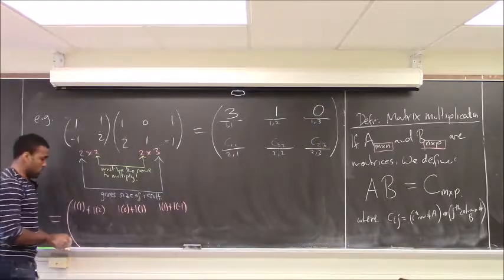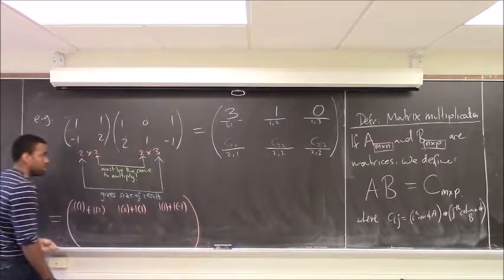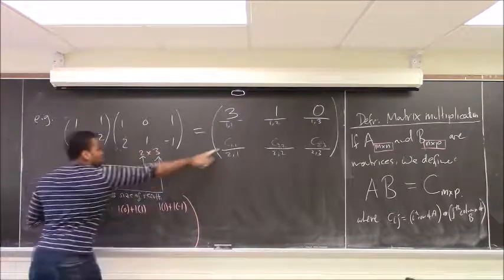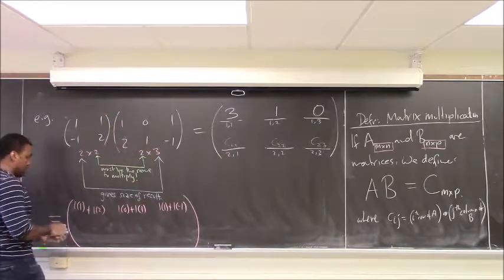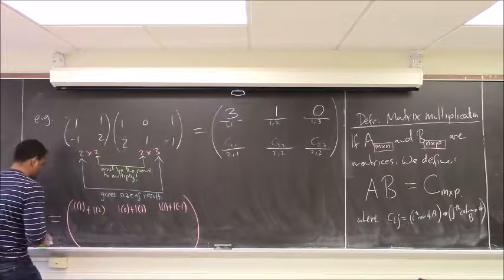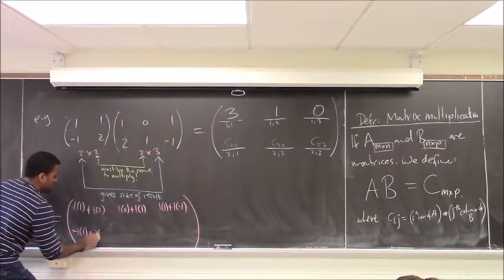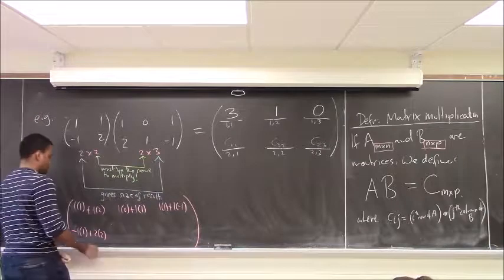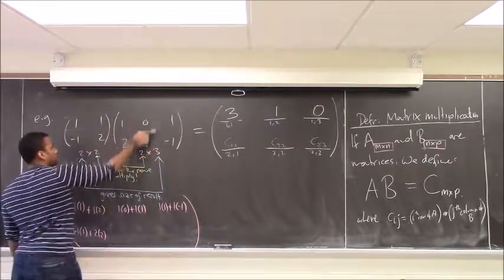Now, there's no more matrix left in the first row, but there's a second row. For the 2,1, second row times first column. So I'm going to have minus 1 times 1 plus 2 times 2. Then second row, second column, this times that.